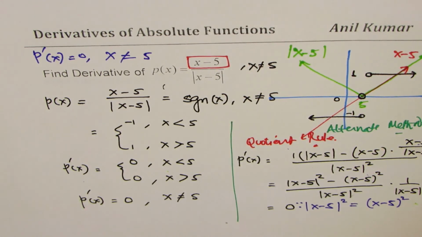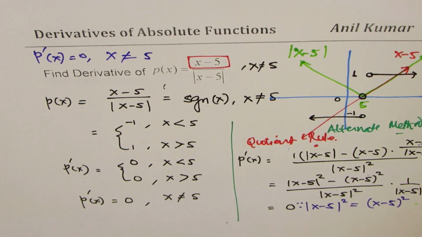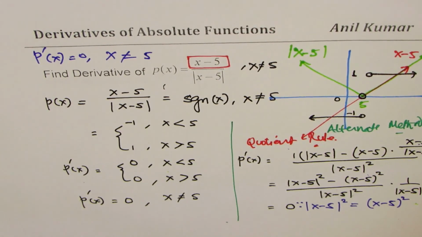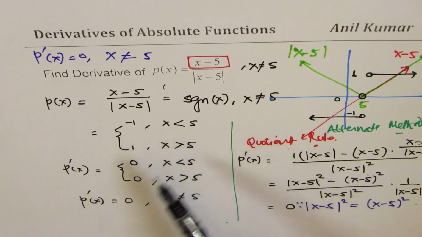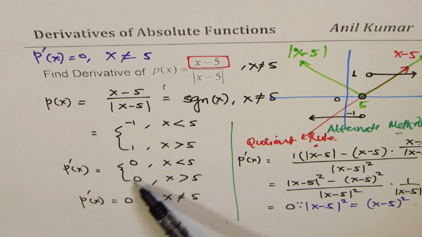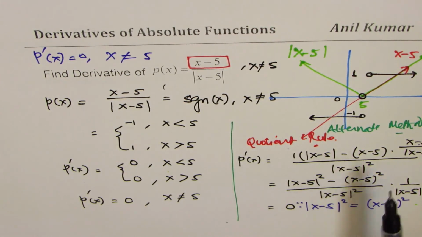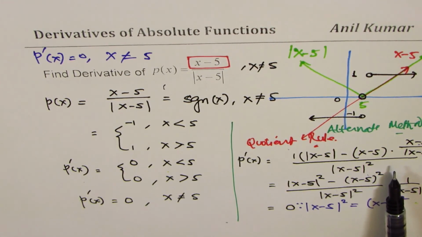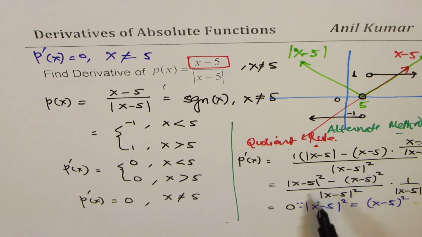So these are different approaches which you could adopt to answer your question. Is it okay? So I think the easiest of all is kind of splitting them into piecewise functions and doing it. That is the most complicated approach, right? Avoid, I should say. And remember, the square of this is equal to square of x minus 5.